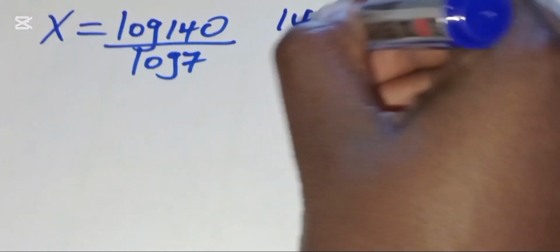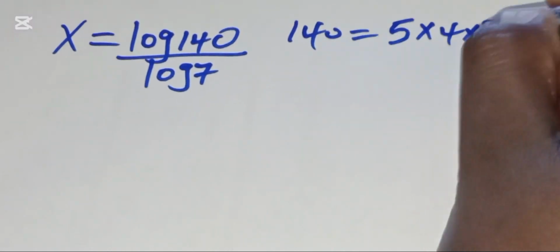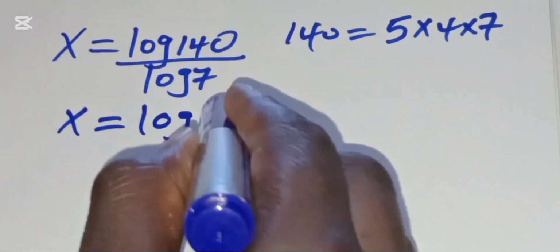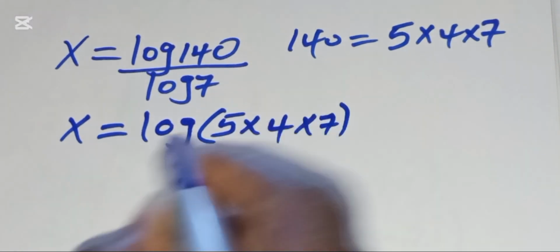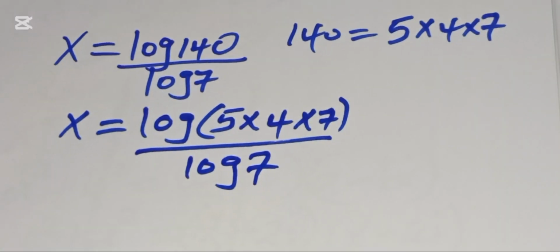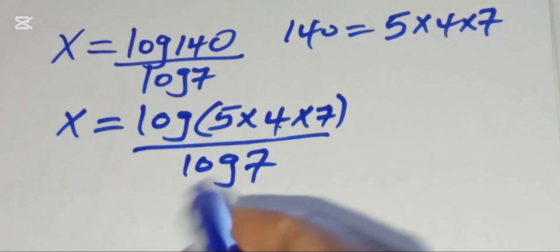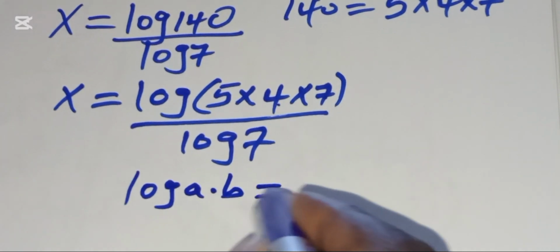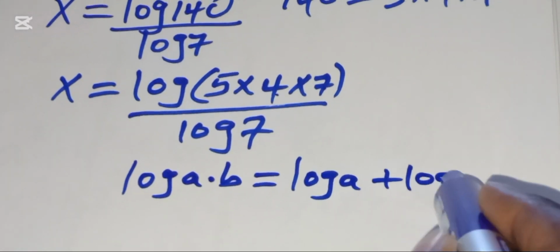Now 140 can be expressed as 5 times 4 times 7. So x is equal to log of 5 times 4 times 7 divided by log 7. Log 5 times 4 times 7 is in the form log a multiplied by b, which is the same thing as log a plus log b.